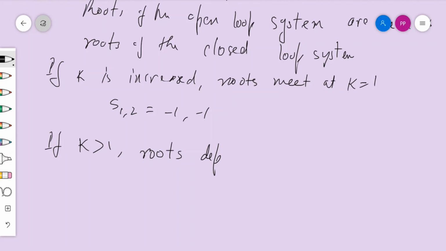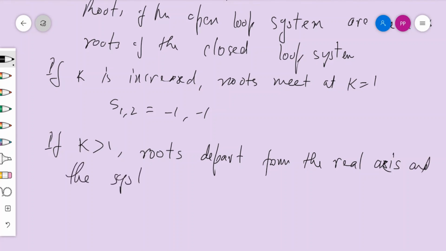But once the value of k increases beyond 1, roots are imaginary, so now the roots have to leave the real axis. So I can write: roots depart from the real axis and the system is underdamped.